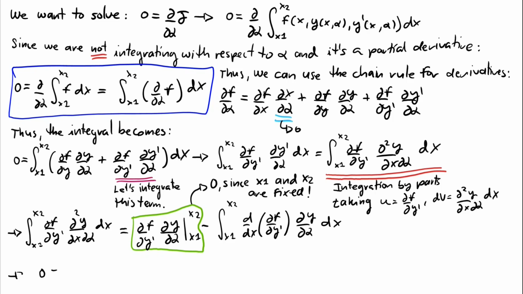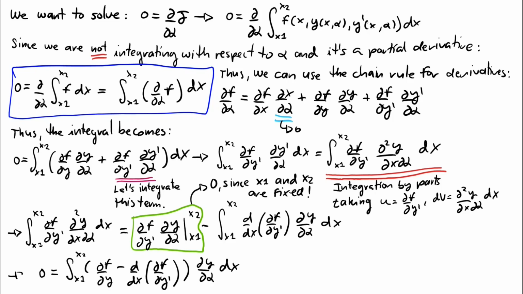In this integral, we can factor out the derivative of y with respect to alpha. Since the derivative of y with respect to alpha cannot always be 0, then the term in parentheses must be 0.